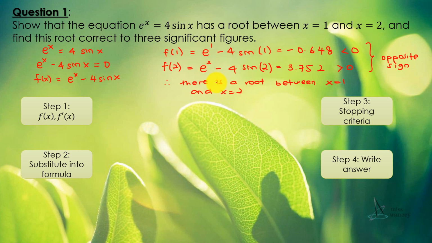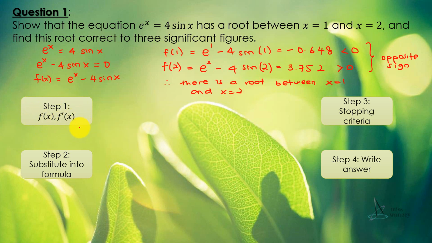So this is how we prove that we have a root between x = 1 and x = 2: substitute into f(x) and then show that you have opposite signs. One of them should be positive, one of them should be negative. Therefore, there is a root between x = 1 and x = 2.